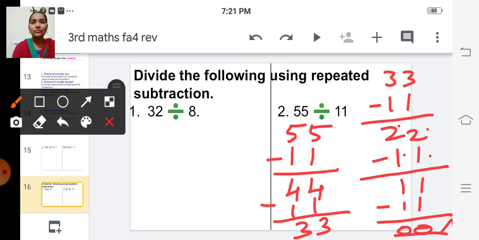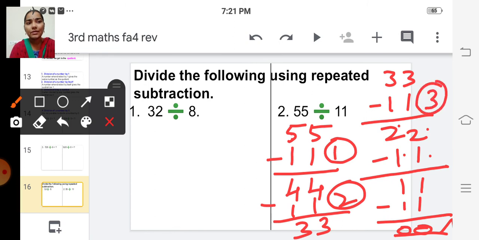And now we shall count the number of times we have subtracted. So this is 1 time, 2 times, 3 times, 4 times and 5 times. So we have subtracted 11 how many times? 5 times.